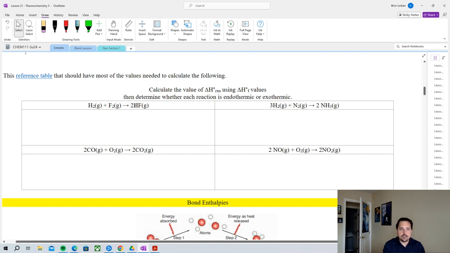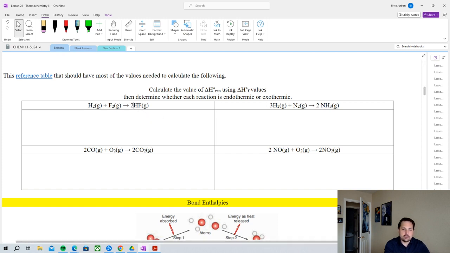So first off, this is 2 moles of HF being formed from H2 and F2. All right, so hydrogen and fluorine gas, those are the standard states of those 2 substances. HF, this is essentially a heat of formation. This is 2 times the molar enthalpy of formation of this substance.